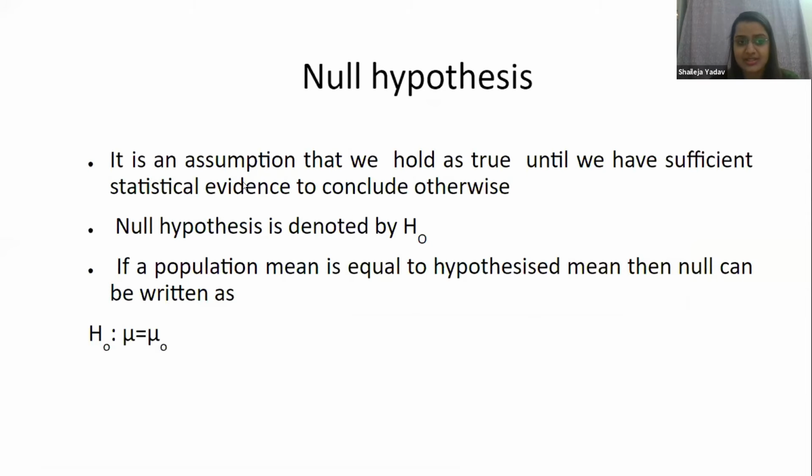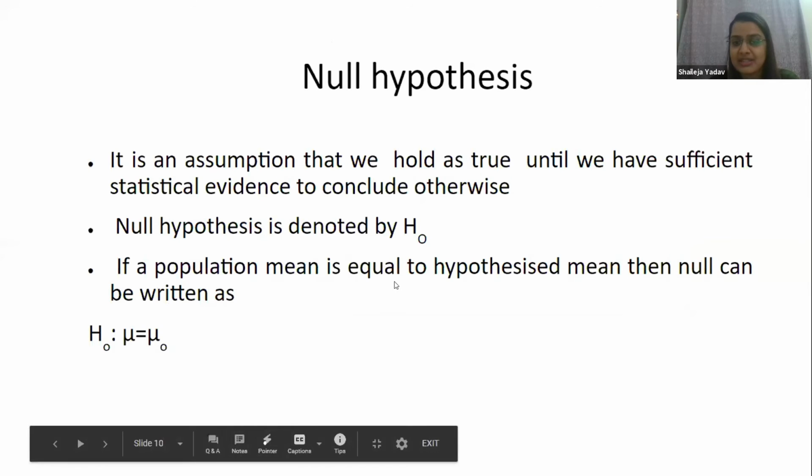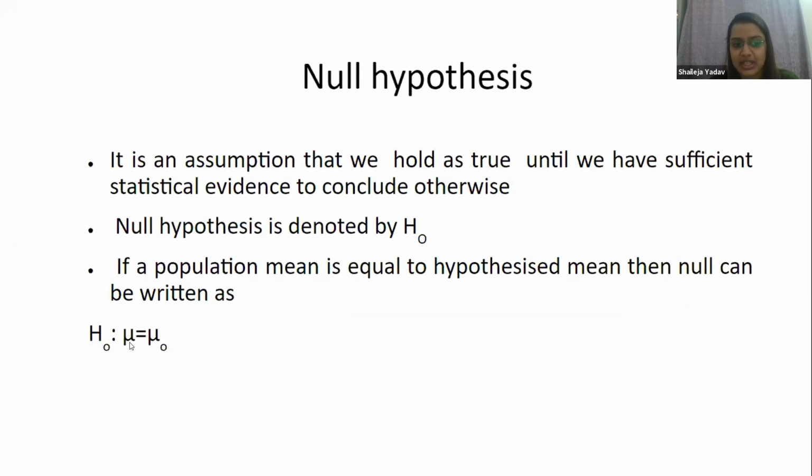So the null hypothesis is essentially an assumption that we hold as true until we have sufficient statistical evidence to conclude otherwise, or enough statistical evidence to actually reject it. The symbol that we use is H naught for the null hypothesis. If a population mean is equal to the hypothesized mean, then the null hypothesis can be written as this.